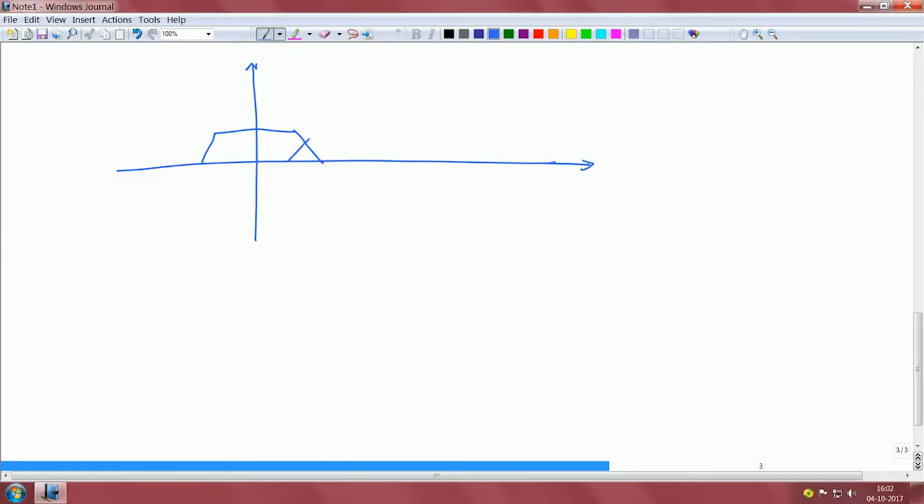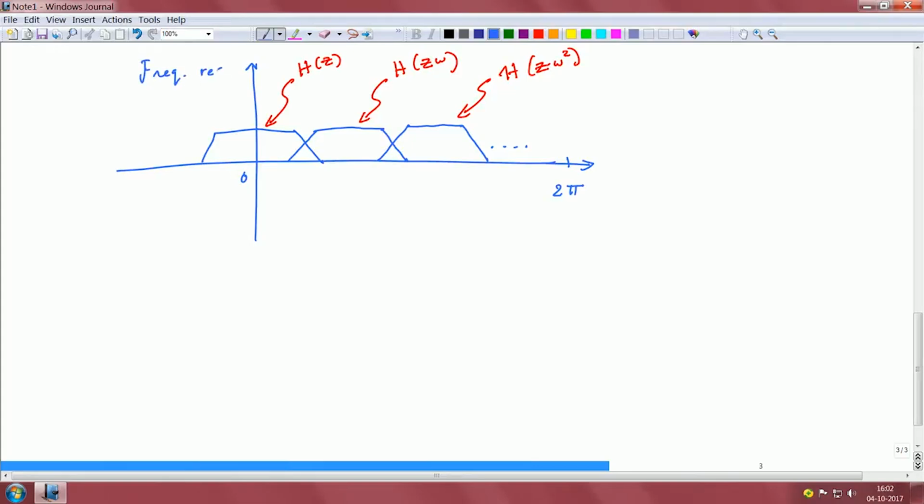So, let us say this is h of z, this is possibly h of z omega, dot dot dot, this is h of z omega square and so on. Somewhere we have to have 2 pi, this is 0, these are frequency responses.